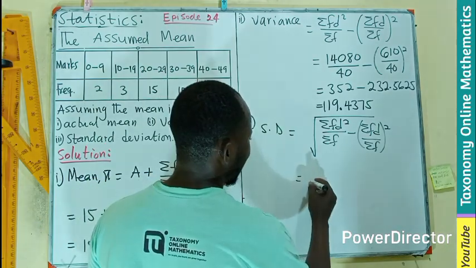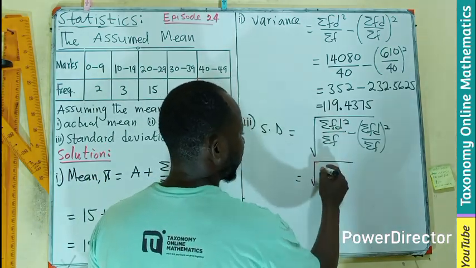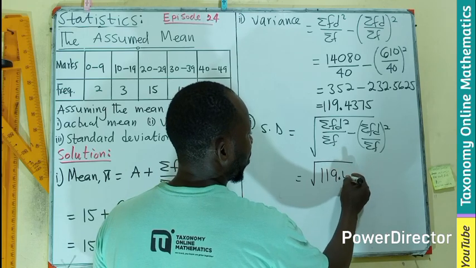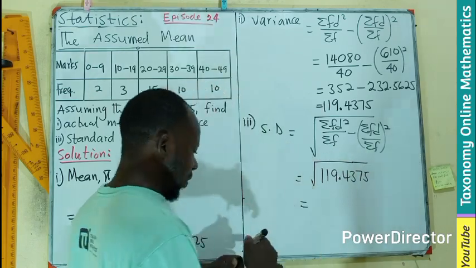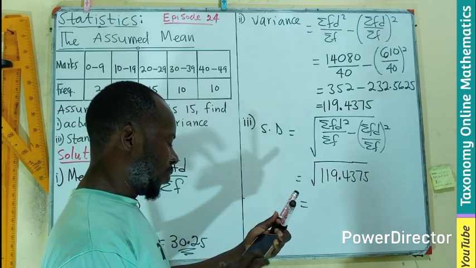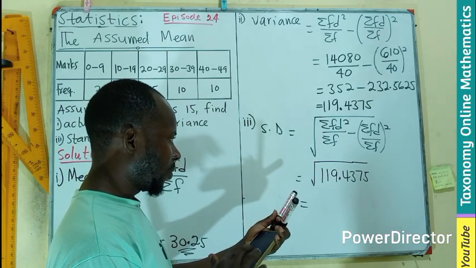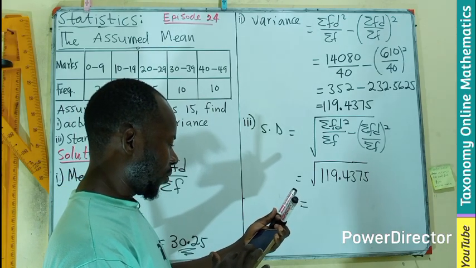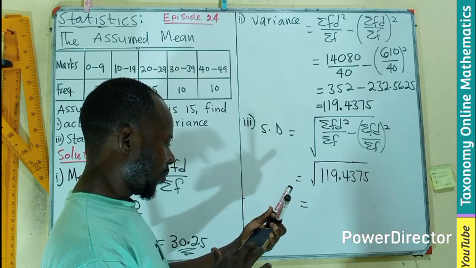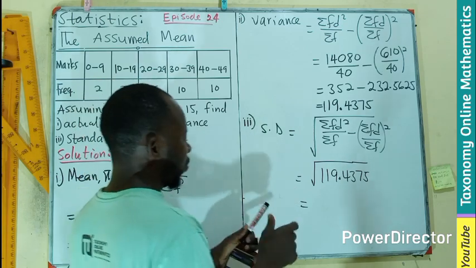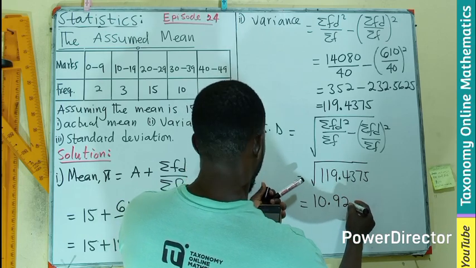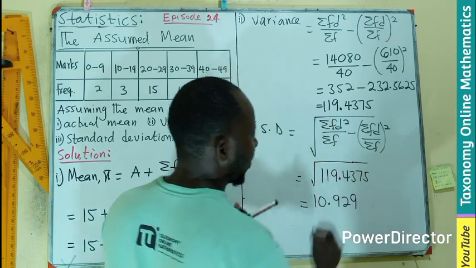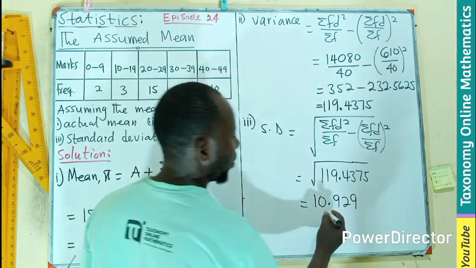So we just go ahead and put the value we have for variance, 119.4375, under the root and see what that value will give us. So that will be giving you 10.929 if I'm going for 3 decimal places.